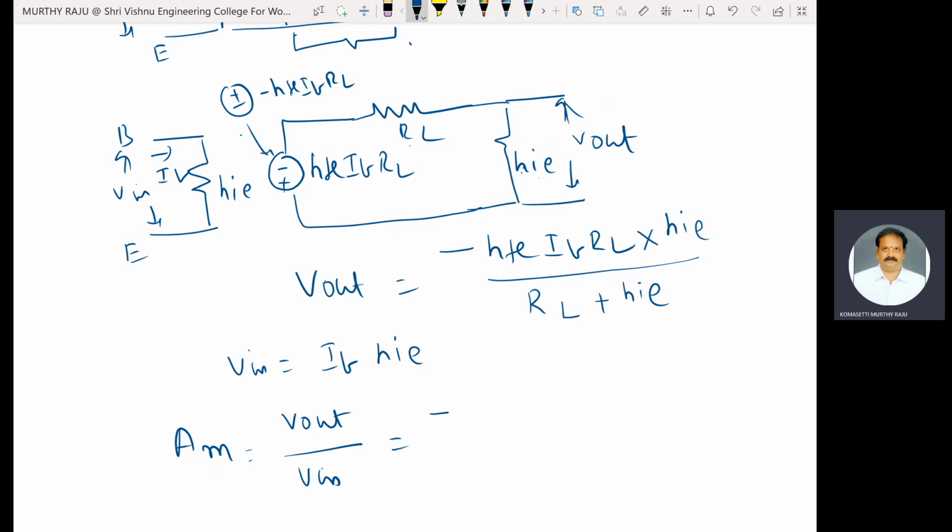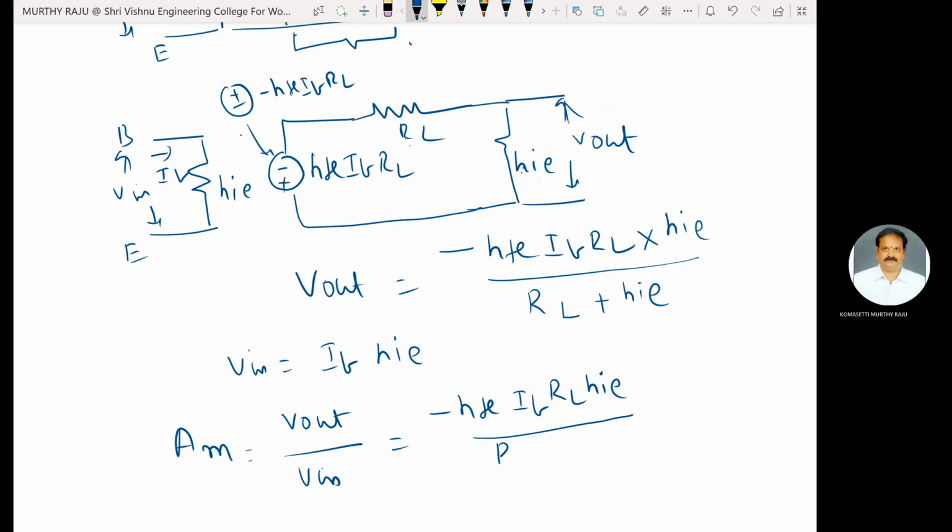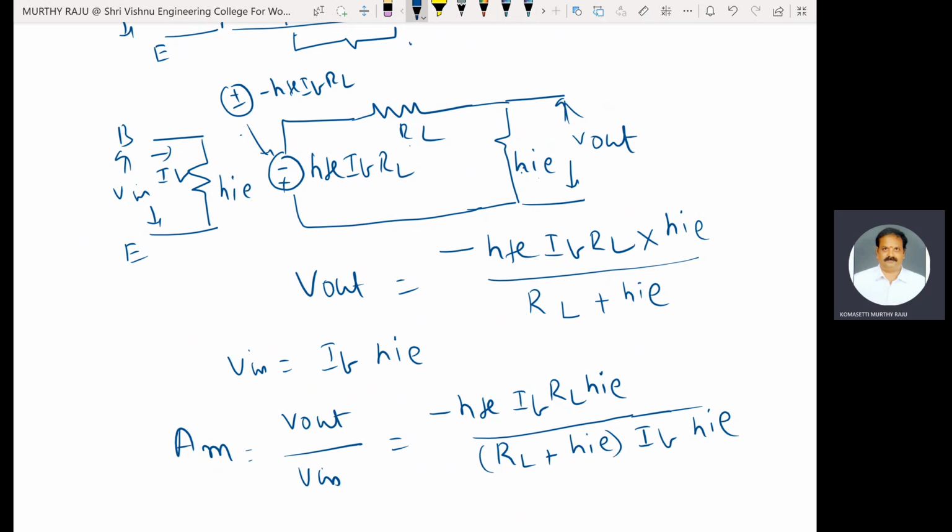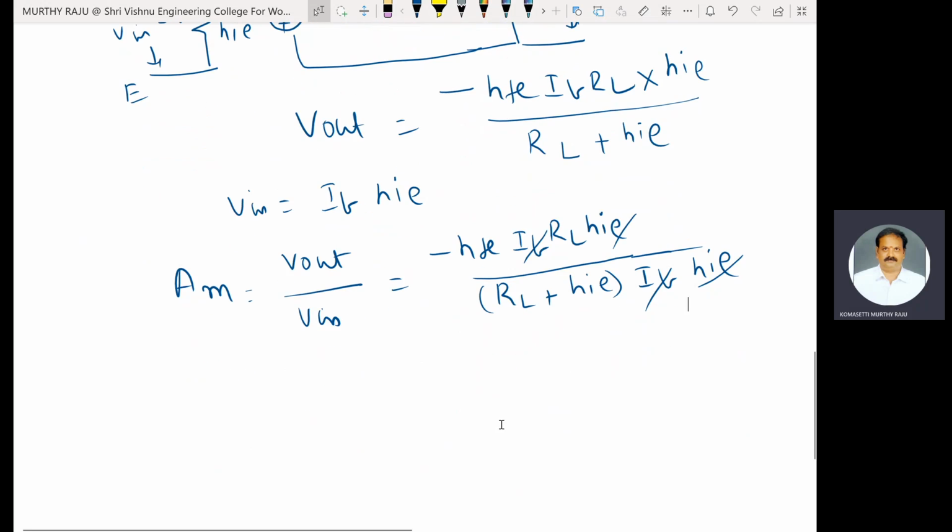V out is equal to minus HFE IB RL HIE by RL plus HIE, and V in is equal to IB into HIE. IB is cancelled, HIE is cancelled. Therefore, the voltage gain at mid frequency range is given by minus HFE RL by RL plus HIE.